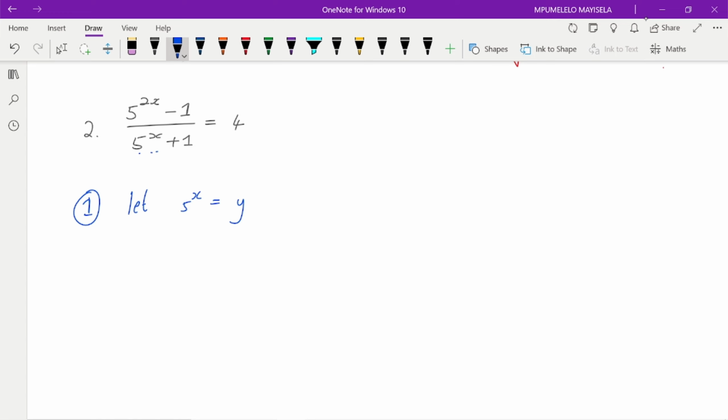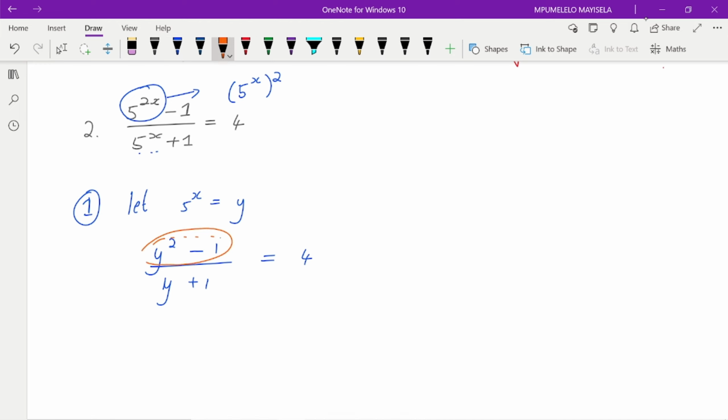If we let that be y, we also recognize that this part right here is the same thing as 5 to the power x times 2. So if we have that, we can simplify this to be y squared minus 1 all over y plus 1, which is equal to 4.